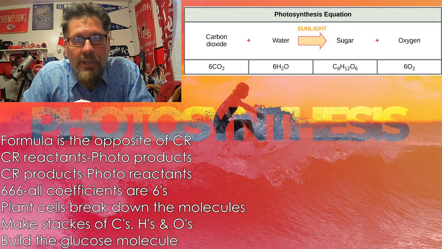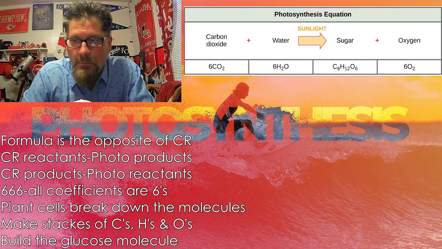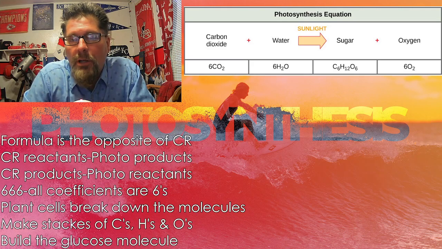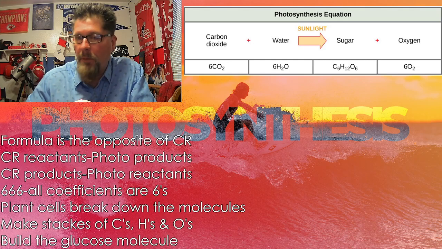So just remember 666, which I know has negative connotation, but in this case it's a super positive one. That will help you to remember how many of the carbon dioxide, how many of the water, how much of the oxygen is released, and of course the glucose molecule, 6-12-6.